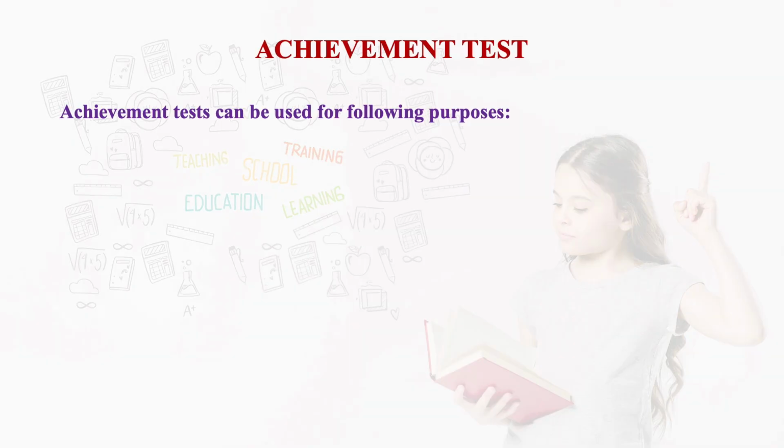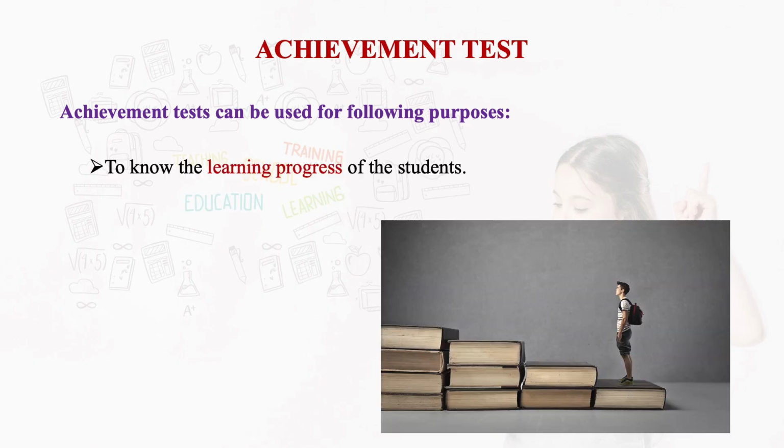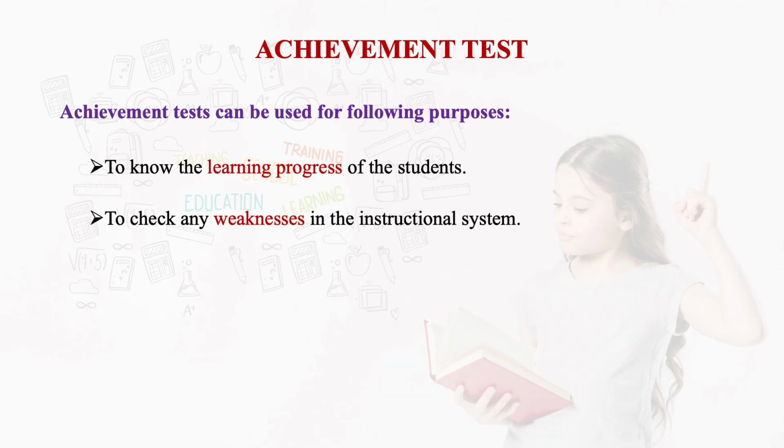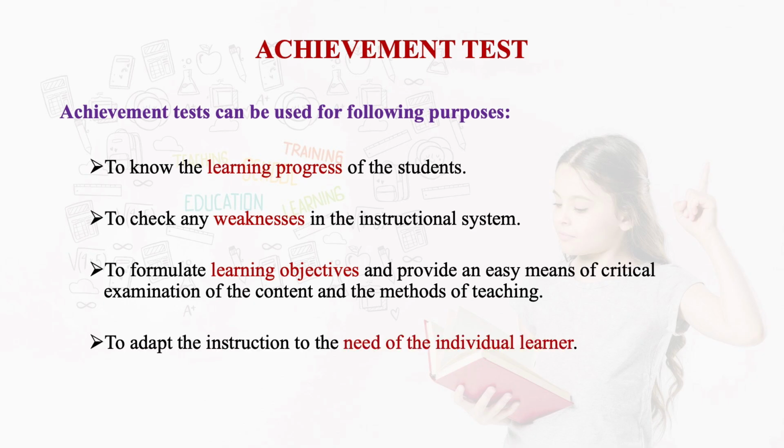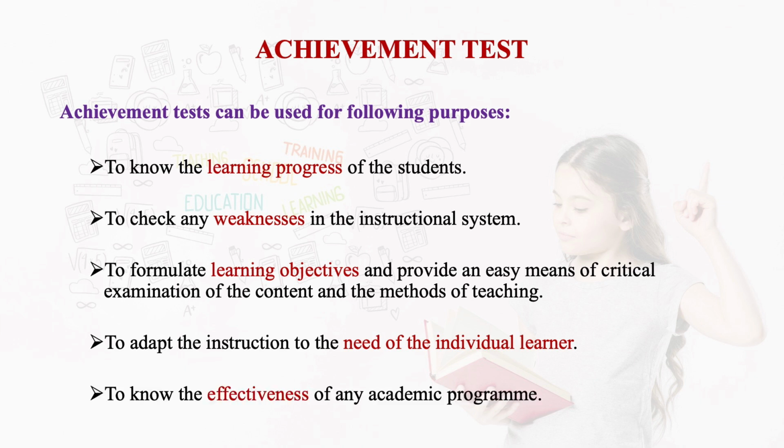Let us go forward. Further, to understand achievement tests, we can say that an achievement test can be used for the following purposes. First of all, to know the learning progress of the students, to check any weaknesses in the instructional process, to formulate learning objectives and provide an easy measure for critical examination of the content and the methods of teaching, to adapt the instruction to the needs of the individual learner, and lastly, to know the effectiveness of any academic program.